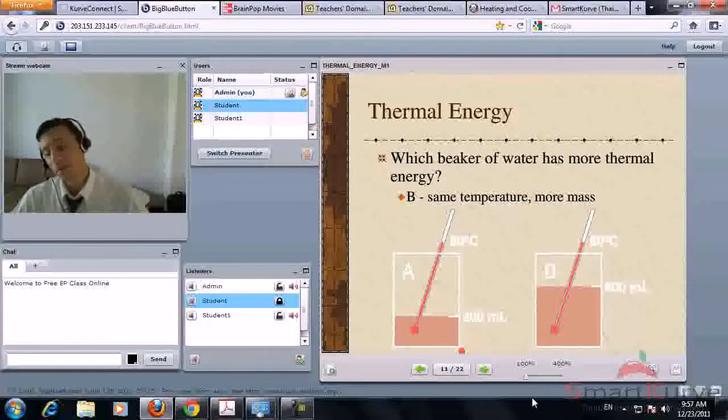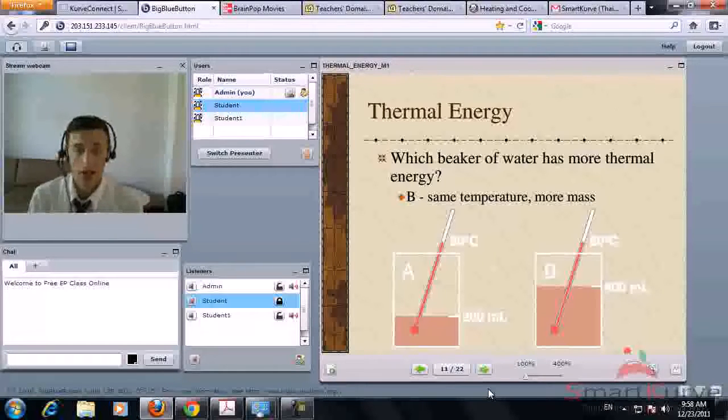Notice, in the first beaker, we have 200 milliliters of water at 80 degrees Celsius. In beaker B, we have 400 milliliters at 80 degrees Celsius. So we have the same temperature, but a different mass. That means that B has more thermal energy.